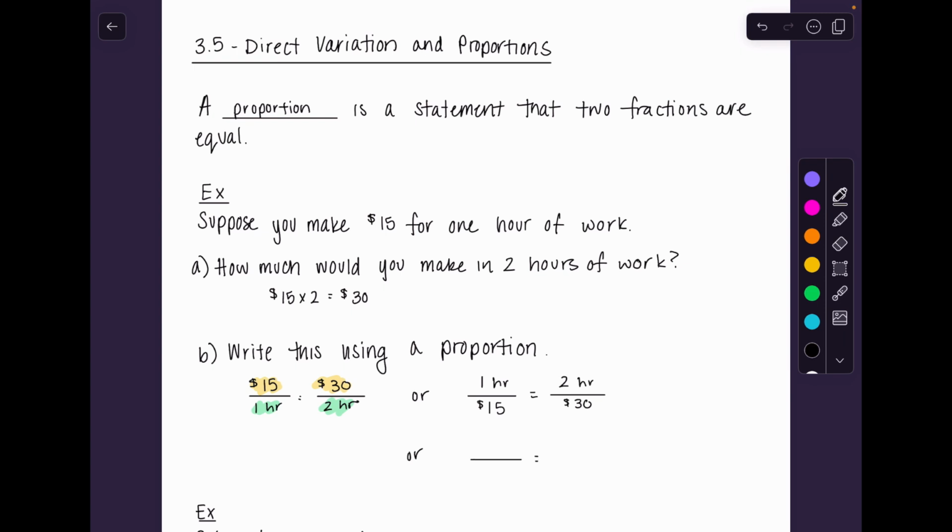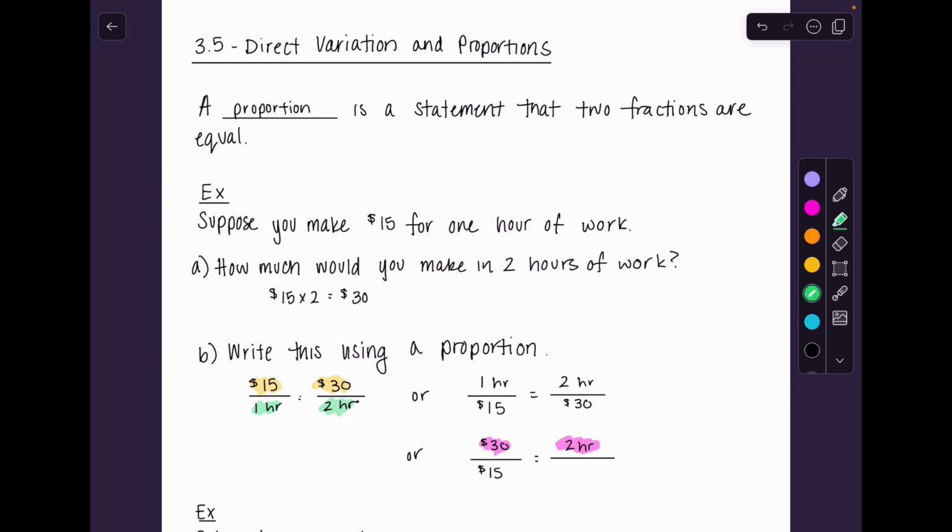Okay. So instead of keeping hours and dollars together in the pairs, I can go ahead and do the 30 divided by the 15. Okay. All I want to do now is stay consistent in my pairing. So in the numerator of this one, I want to put the hours that go with the $30. And so that would be 2 hours over here.